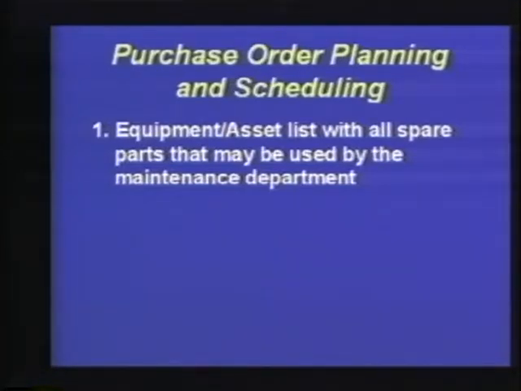Here, if there are items that have to be purchased, we're going to support the inventory management program through the purchasing system. Now, I do know that some of you probably manufacture your own spare parts.